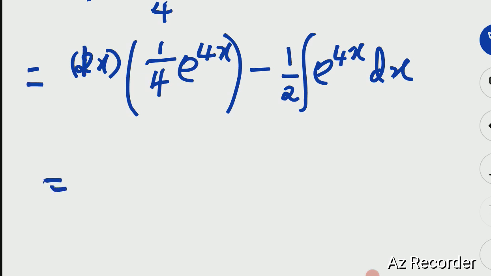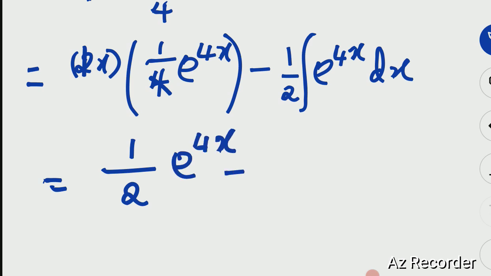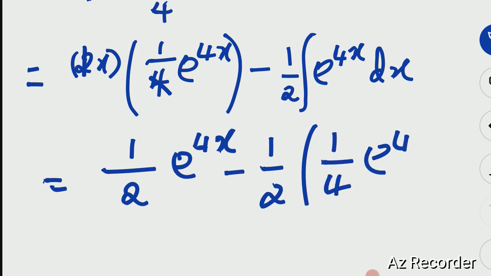Now these 2 can cancel out. With these 2 we are left with 1 on 2 e to the 4x minus, when you integrate e to the 4x, we have half times 1 on 4 e to the 4x plus c.